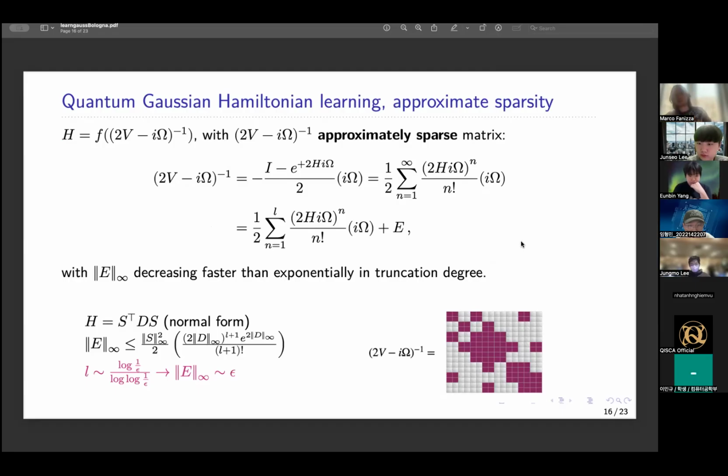One can write an exact formula for it, and then use the Taylor expansion for the exponential to write it as a first term which has powers of h up to L. That means that it can only populate matrix entries that are at distance L from the original nodes, and so the sparsity would be at most delta to the L.